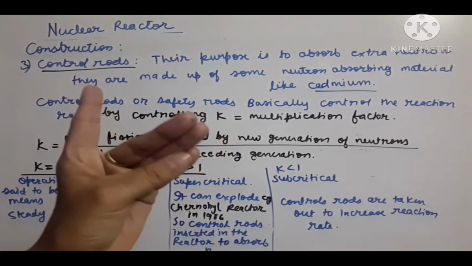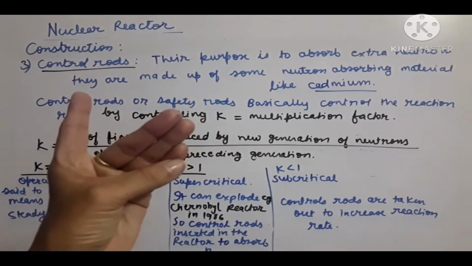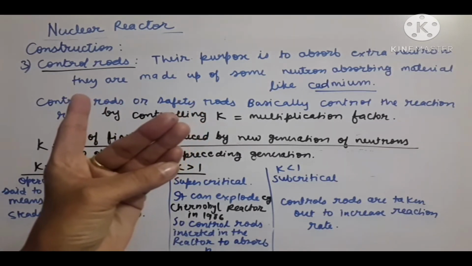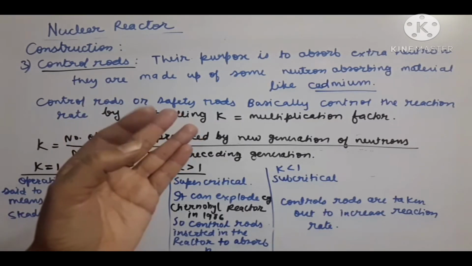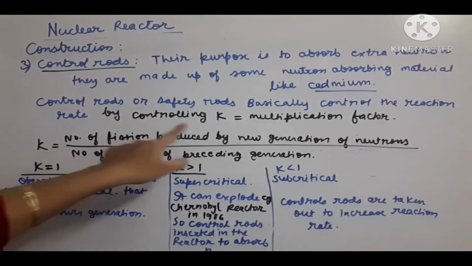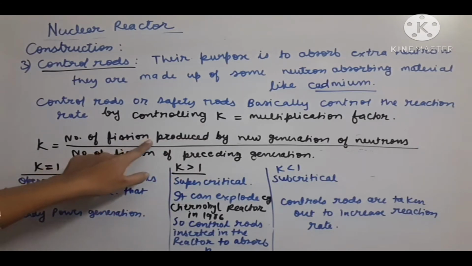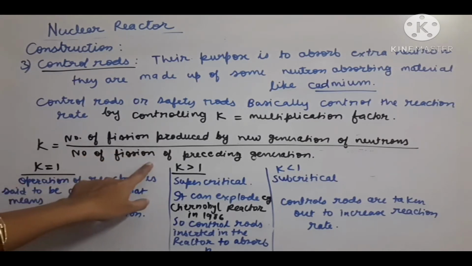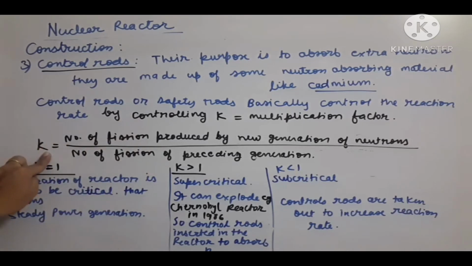So this is the new generation and this is the preceding generation. Because 3 neutrons are generated, this can produce 3 fissions, and earlier there was one neutron, so one fission. So basically the ratio of number of fissions means the ratio of number of neutrons. The number of neutrons as a result and the number of neutrons before the reaction, that ratio is called K.